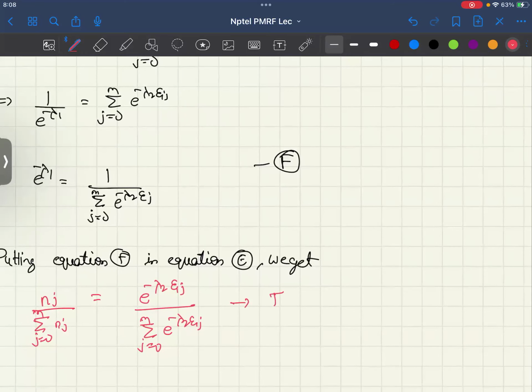And this is what is called the Boltzmann relation, Boltzmann distribution.